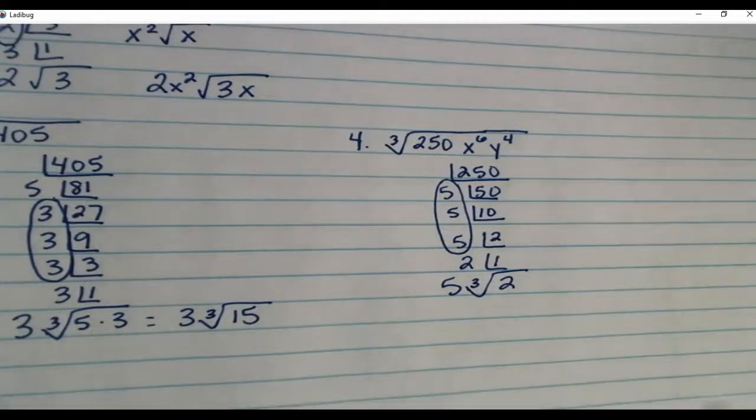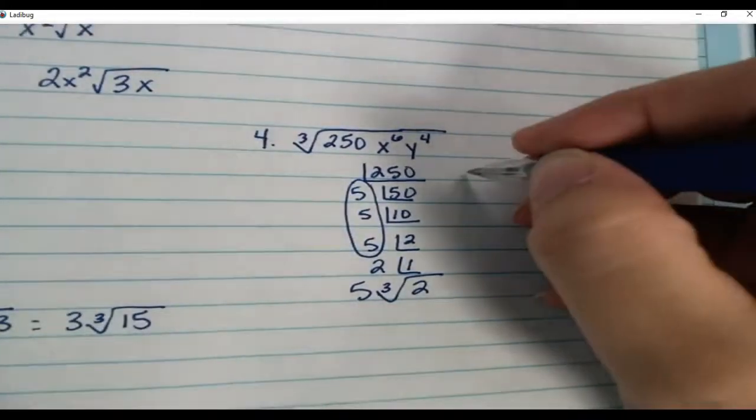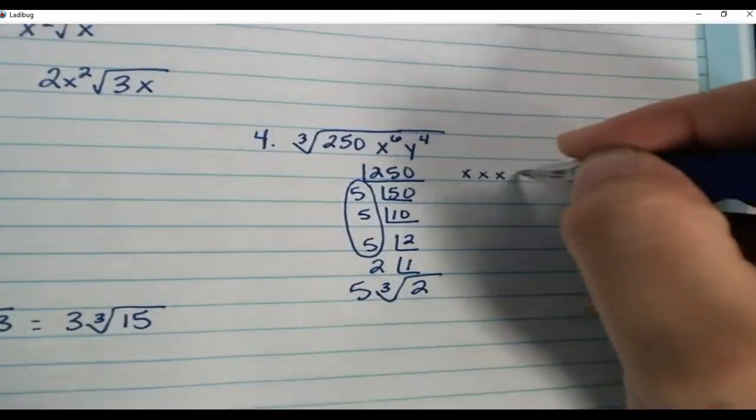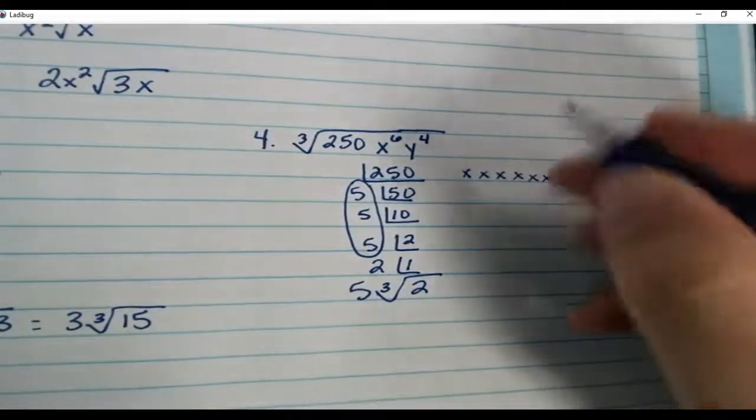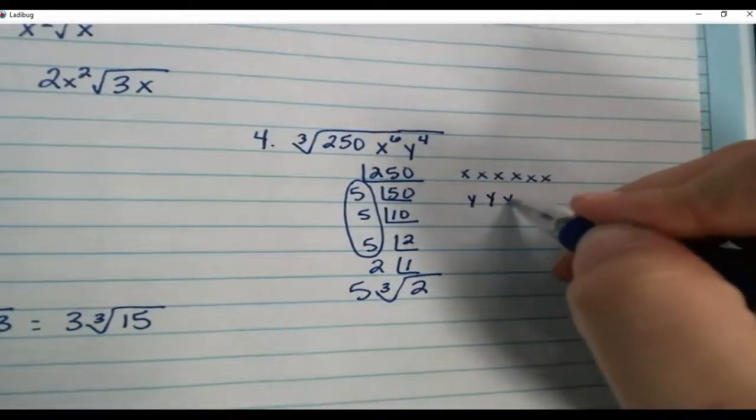But we're not done because we have these x's and we have the y's. So we have 6 x's and we have 4 y's. So I'm going to list them out. So 1, 2, 3, 4, 5, 6. 1, 2, 3, 4.